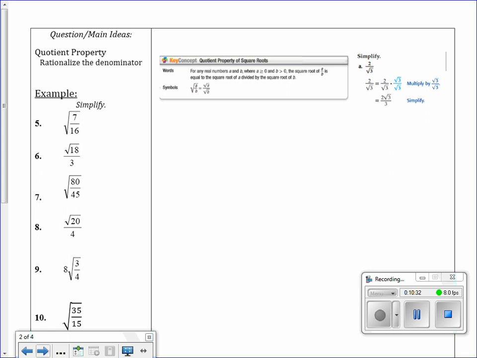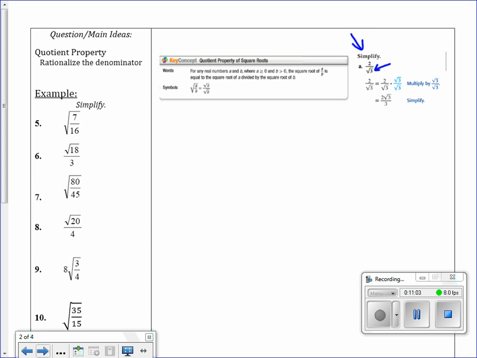We also have an example over here of simplifying where it says 2 over the square root of 3. And we're going to practice on this. Now, the thing that we see is condition number 3 says no radical symbol can be in the denominator of a fraction. And we have a radical symbol in the denominator of the fraction. Now we want to use our rules for fractions that remember whatever we multiply to the top, we multiply to the bottom.